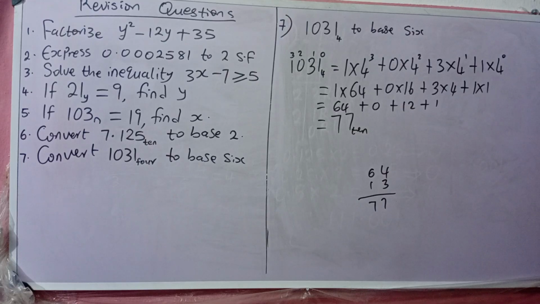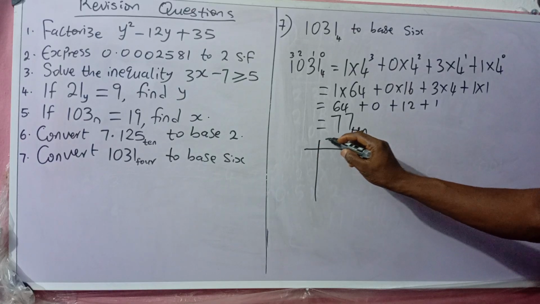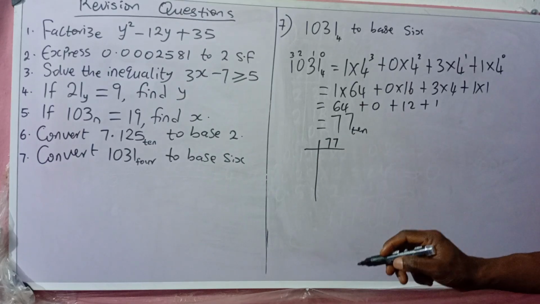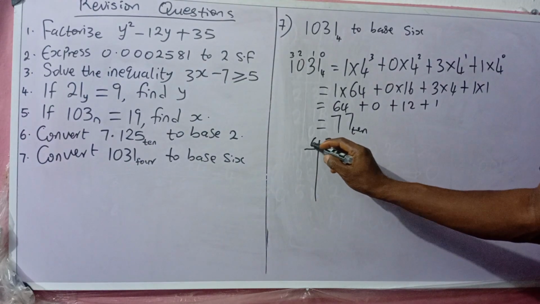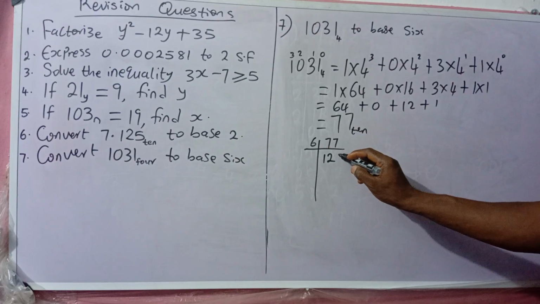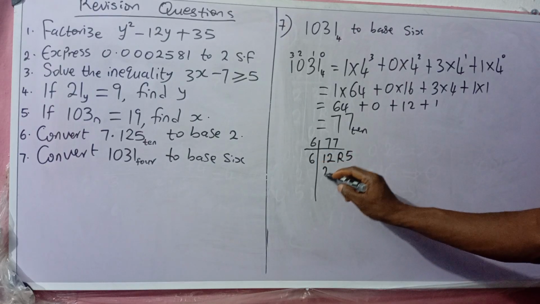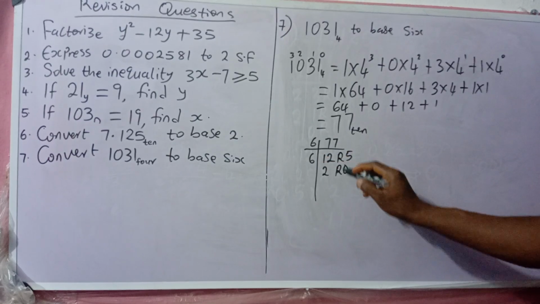Let's have a look at that. Now converting 77 to base 6. 6 divided into 77 will give us 12, remainder 5. 6 divided into 12 will give us 2, remainder nothing.